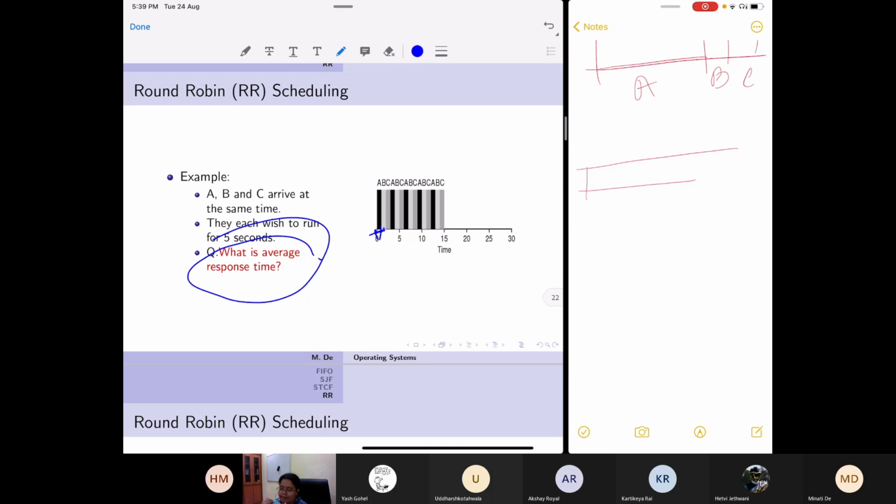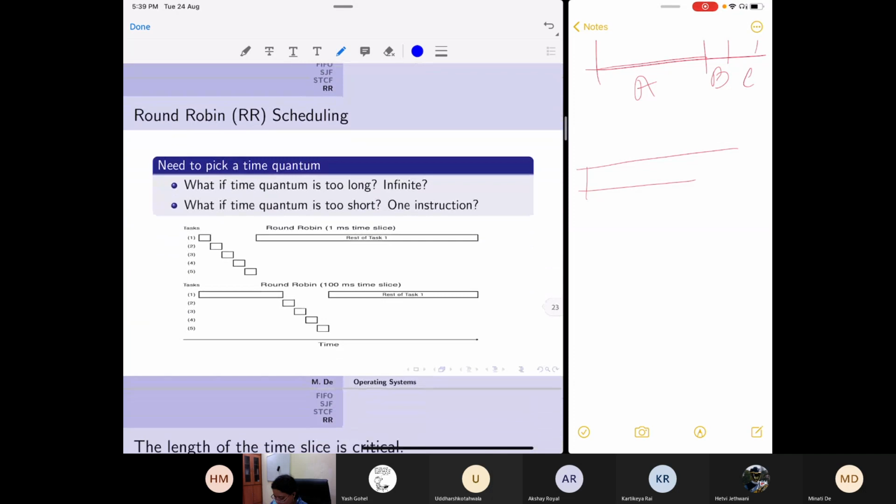And that context switch is an overhead. So if you want to lower your overhead, then the time slice should be bigger. On the other hand, if you want to minimize your response time, then the time slice should be smaller. So there is always a trade-off, and this is always a design decision which one you should take. Okay.